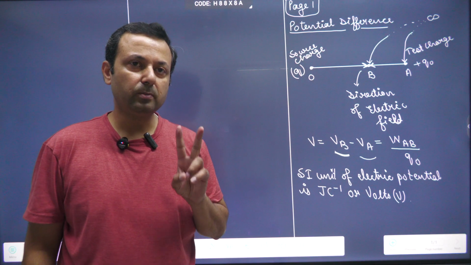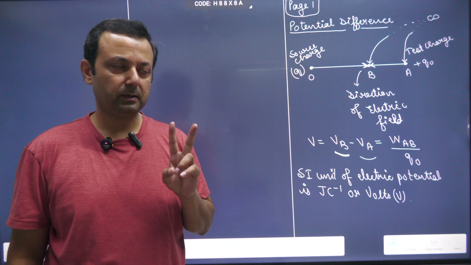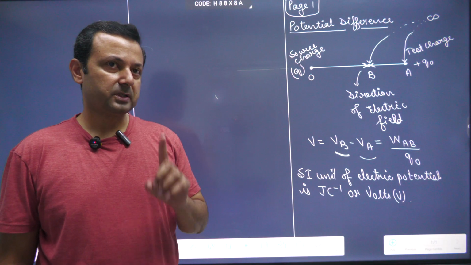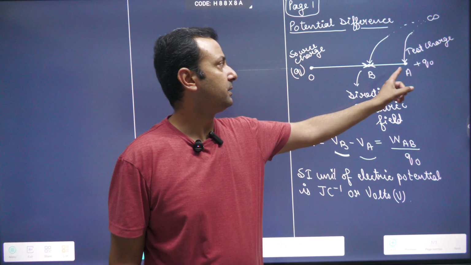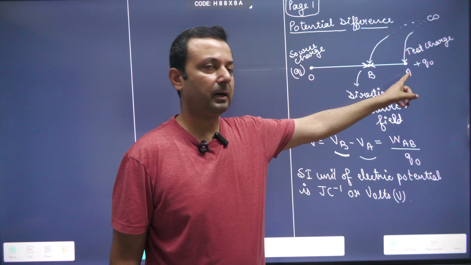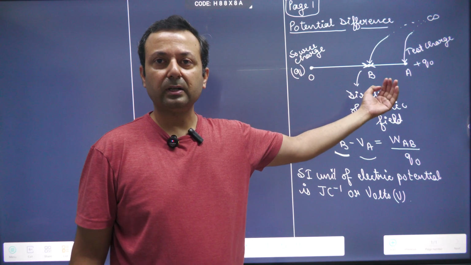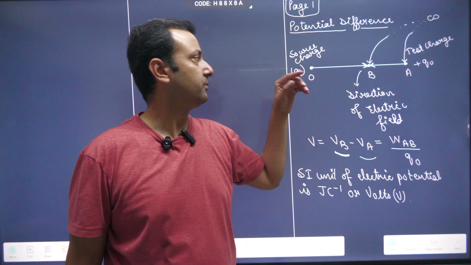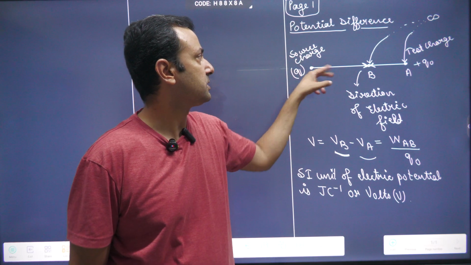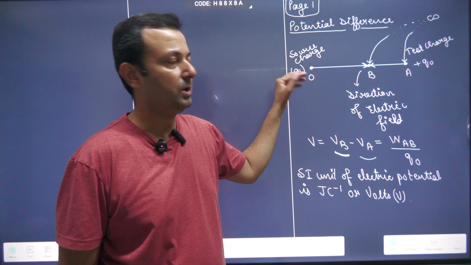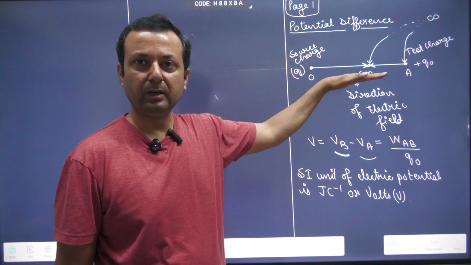Actually, there are two methods of defining potential difference. The first method is work done in moving a test charge from point A to point B, but that work done should be against the electrostatic forces. The electrostatic force is in this direction, because this is a positive charge Q, and Q radiates the electric field outwards.